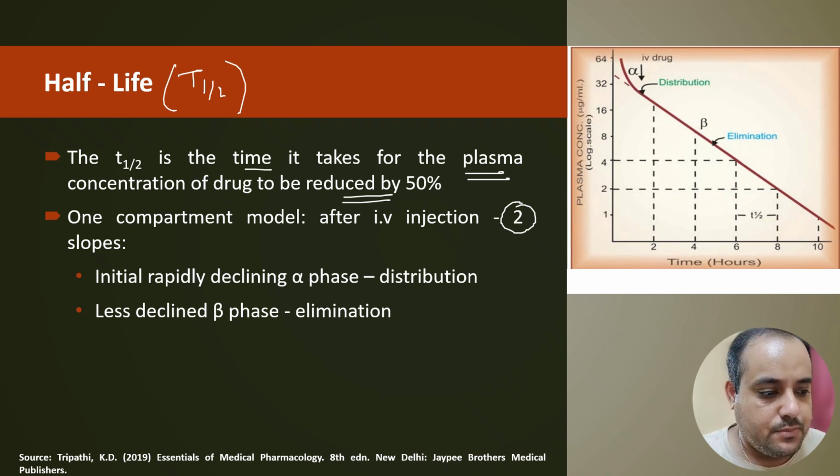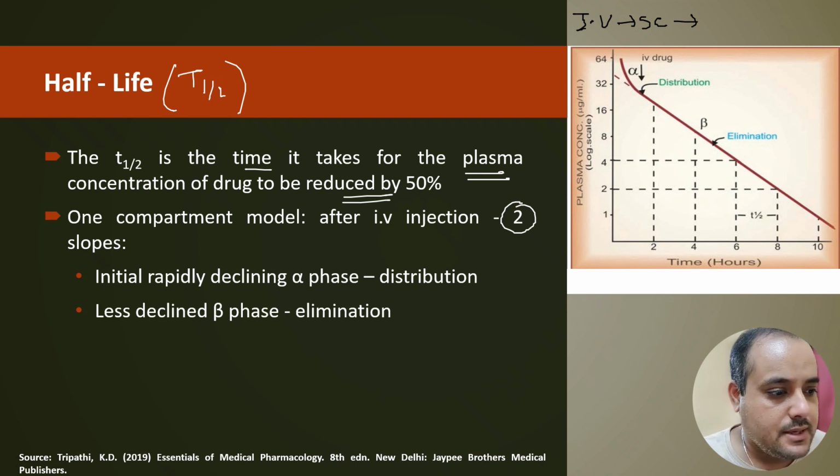Suppose we are giving the drug by IV injection. Once we give it by IV injection, it is going to come into the systemic circulation. Now from systemic circulation, it will be distributed to the tissues. So we see two slopes.